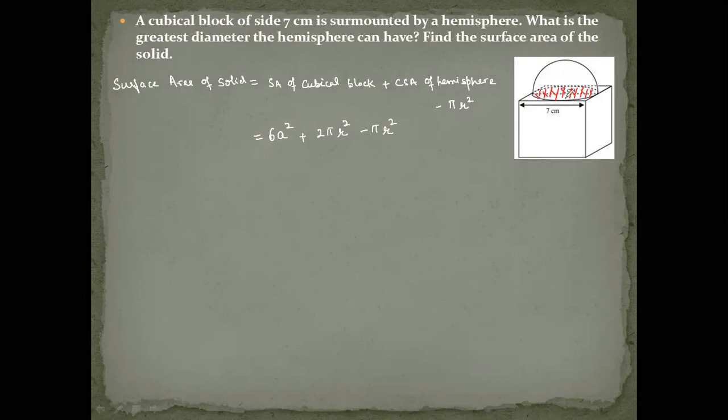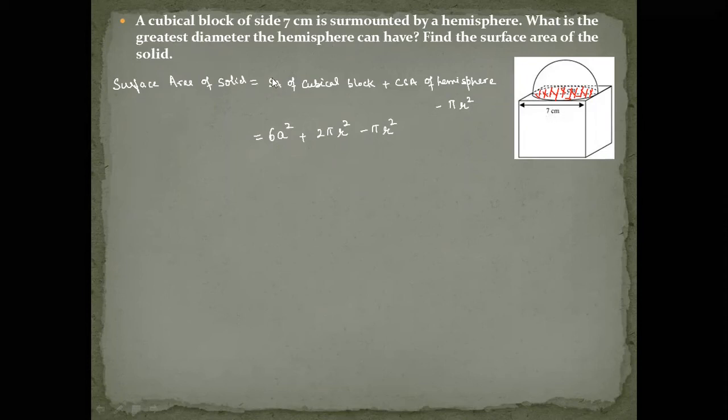It can be cancelled out, because this area is not included in the curved surface area. So that's why we have here 6a square plus the curved surface area of the hemisphere, minus pi r square. Now, as we already discussed, the greatest diameter of this hemisphere is 7 centimeter.